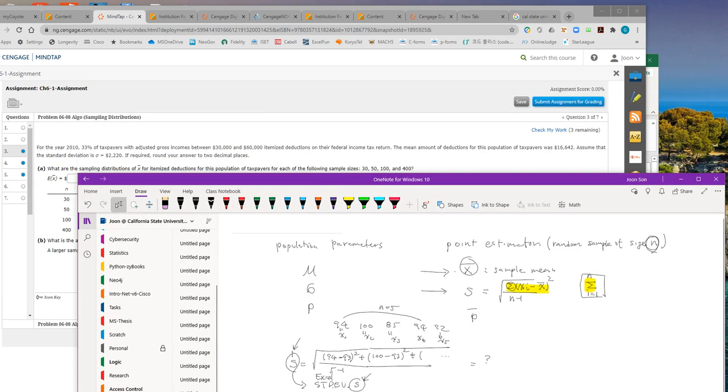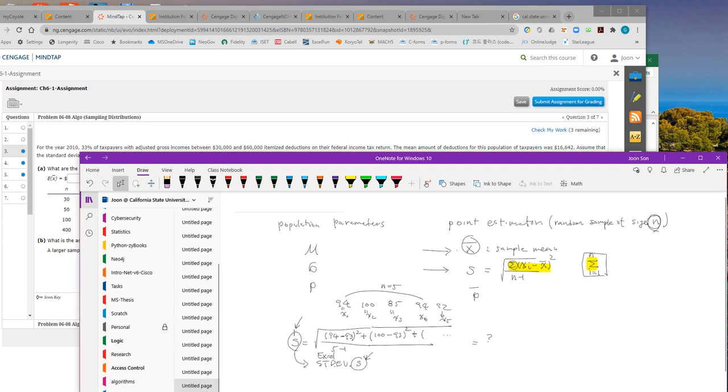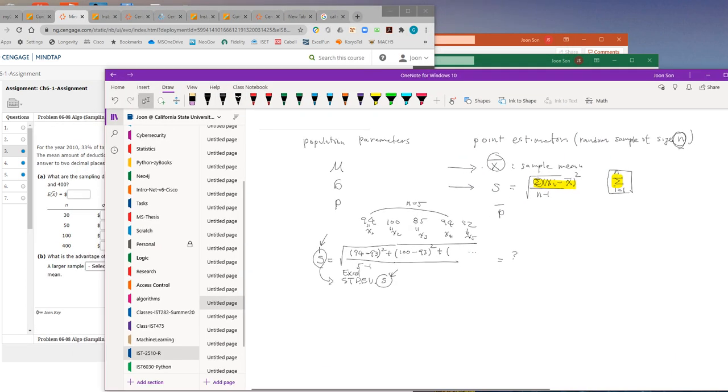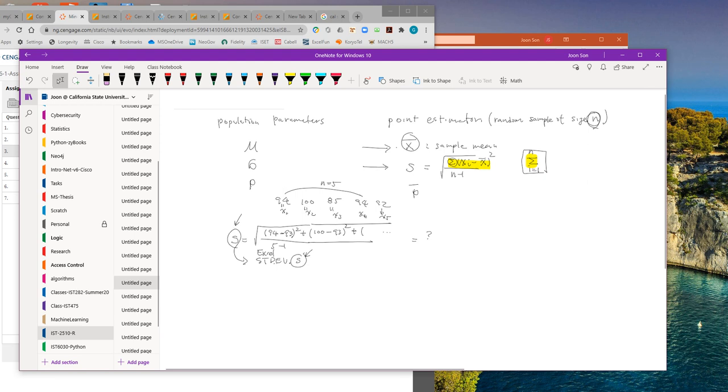So let's just take a look at this problem. What is given is the mean amount of deduction for this population. If I just use this example, let's just delete the previous calculations.